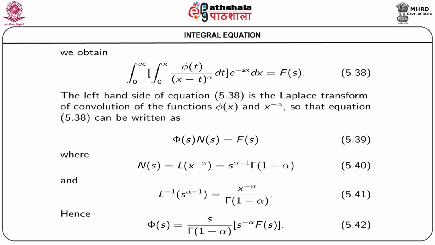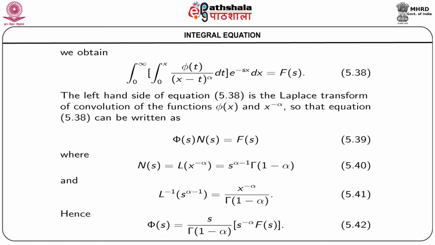Now, in the left hand side of equation 5.38, the inner integral, that is the t integral, you can see that it is again a convolution of two functions phi t and 1 by x to the power alpha.